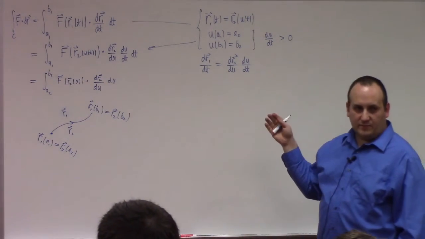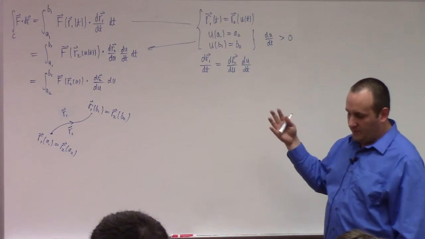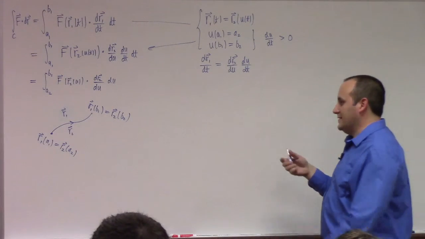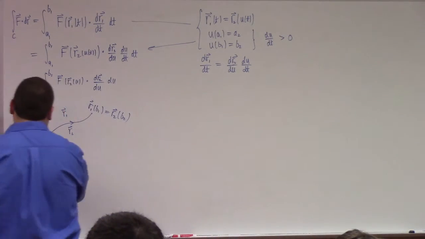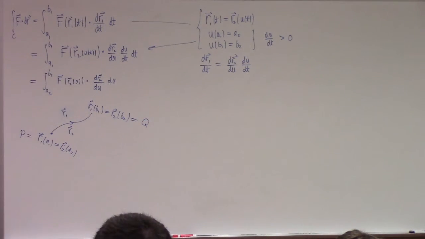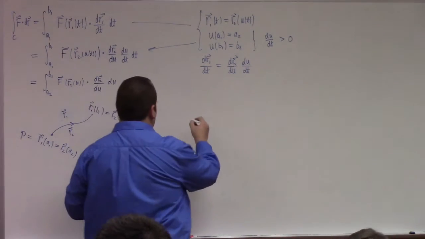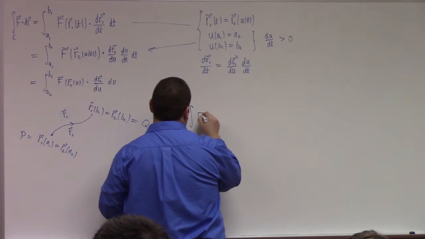If one of the paths was reversed, say this is point P and this is point Q, so if I instead had my second parameterization going from Q to P, then there would be a minus, because I would have to flip the bounds in order to have the right kind of integration to define the integral.